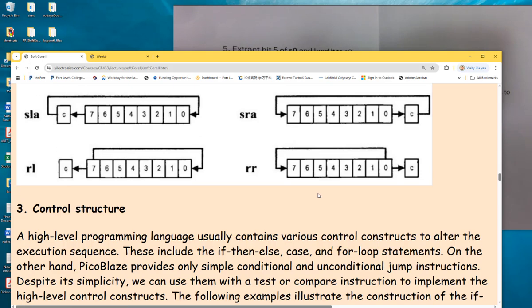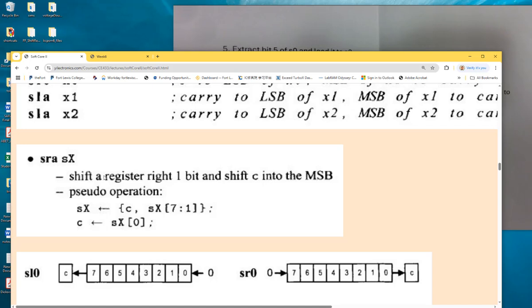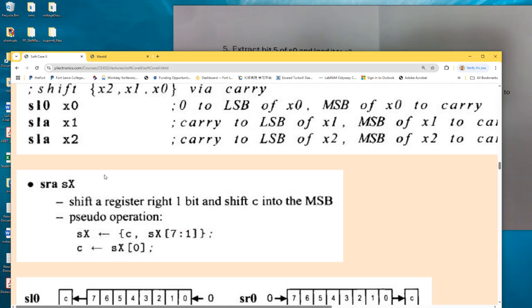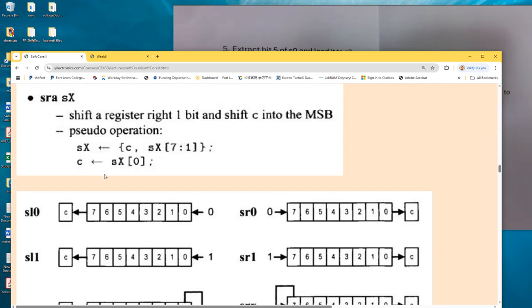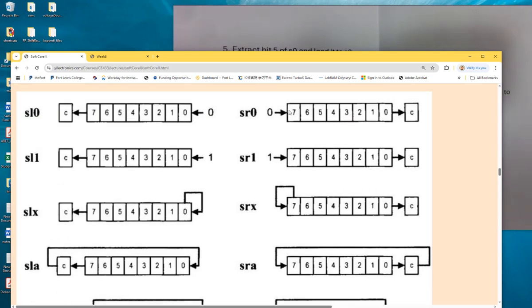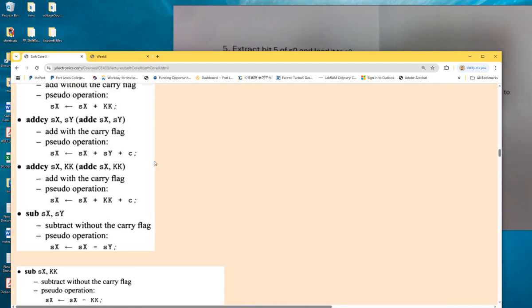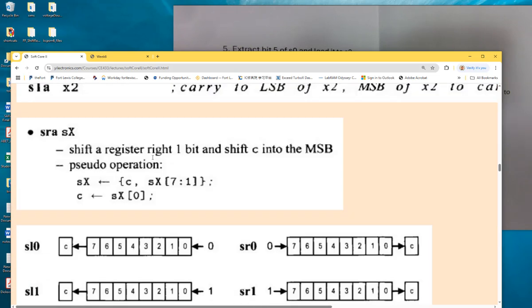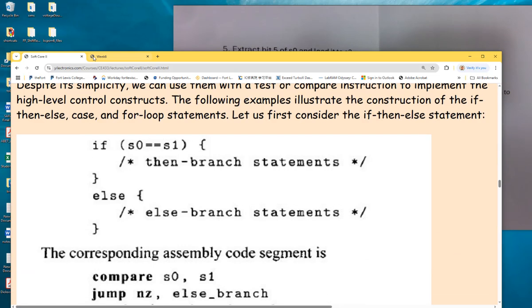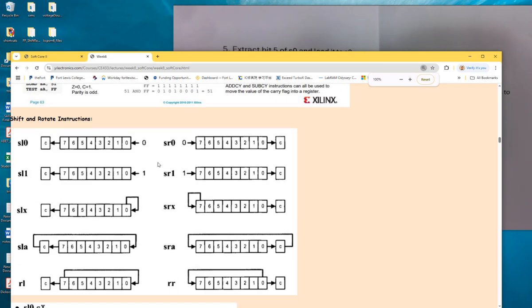Then what else? Take a look at the instruction explanation here. Oh, it should be SRA or SR0. So, SRA, right? SR0 doesn't do anything else. Let me see if I have an example here.